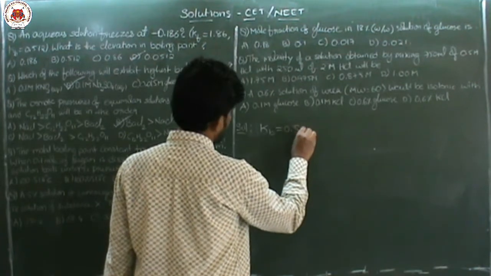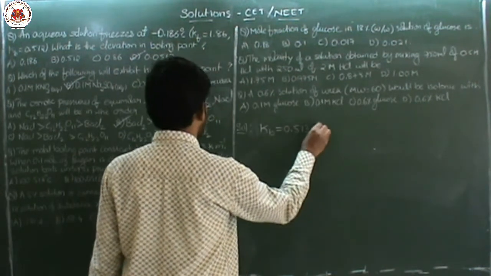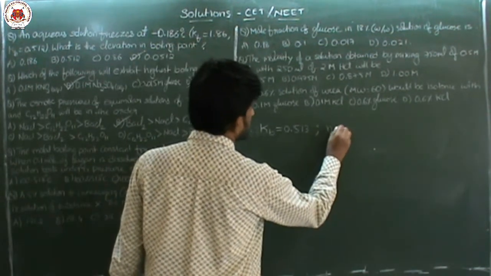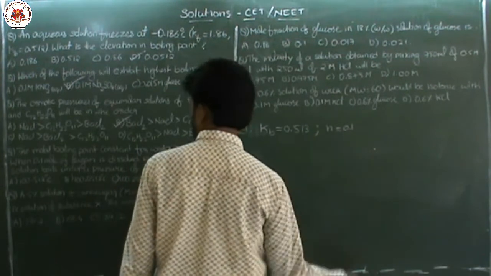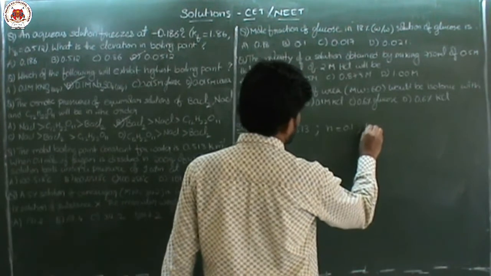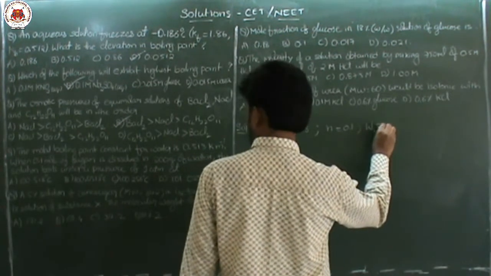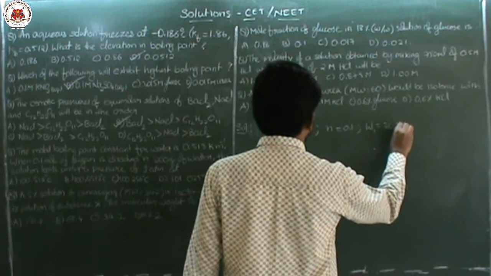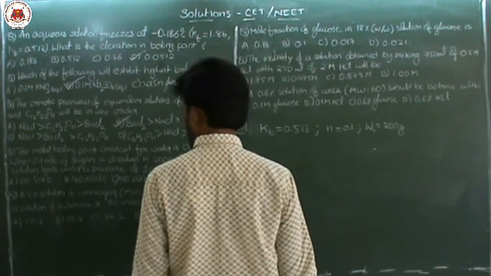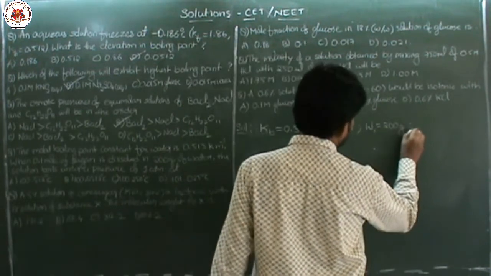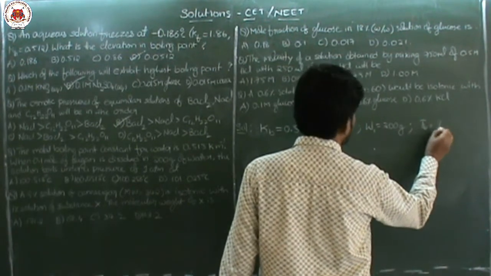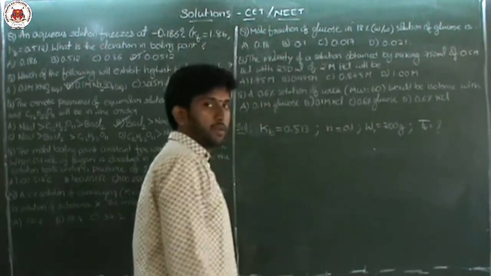Kb is given 0.513. Number of moles of sugar is given 0.1 mole. Weight of the solvent is given, 200 grams. Now what they want: the solution boiling point, Tb value, they are asking.